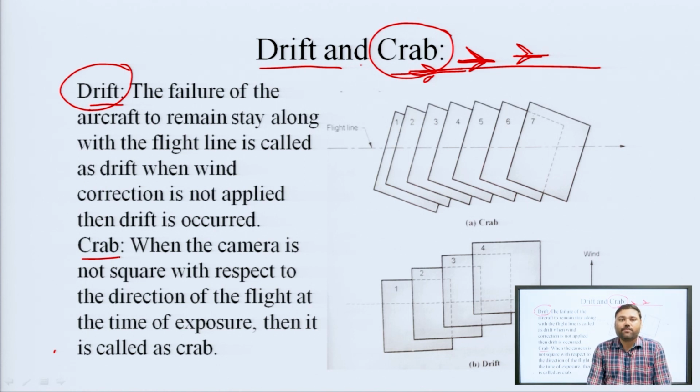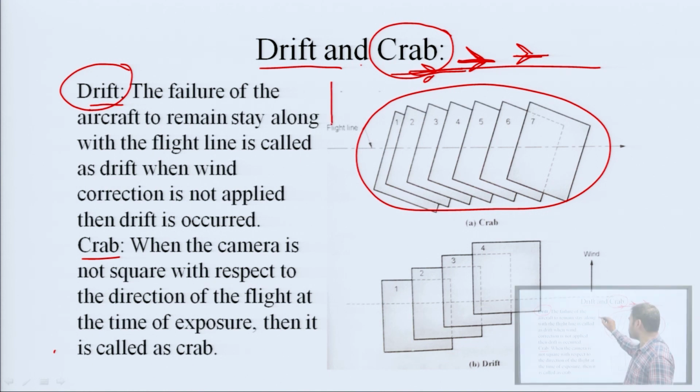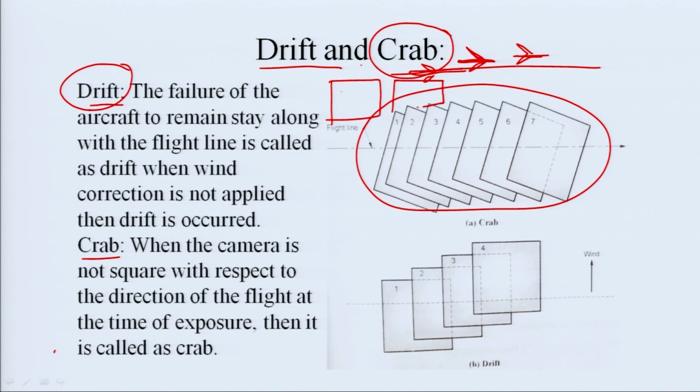Crab occurs when the camera is not square with respect to the direction of flight at the time of exposure. In this figure we can see that the camera is not in a square position. It tilts from its square position and looks like a rhombus. So, when a camera is not square with respect to the direction of flight, the error which occurs during aerial photography is known as crab.